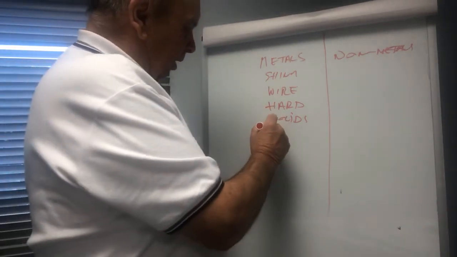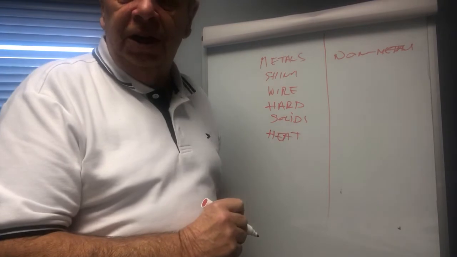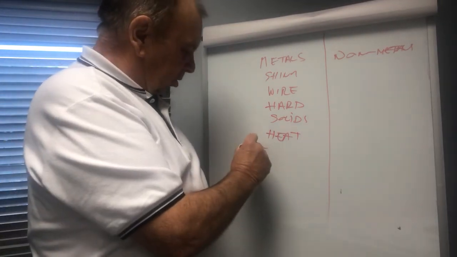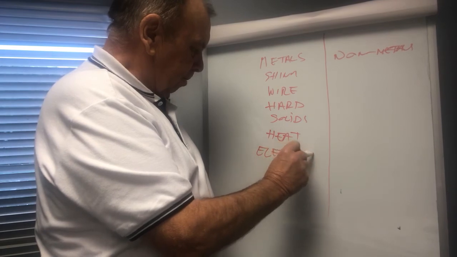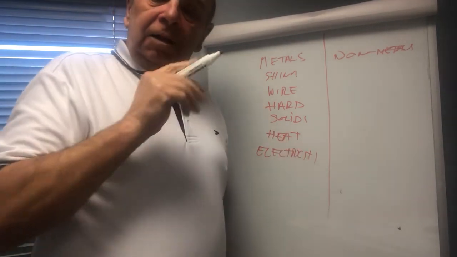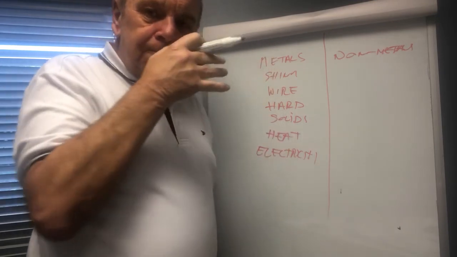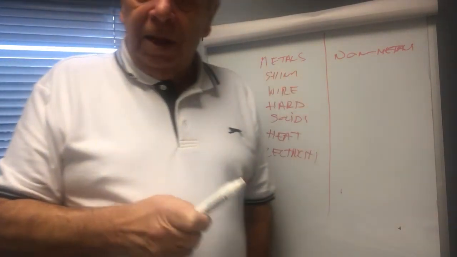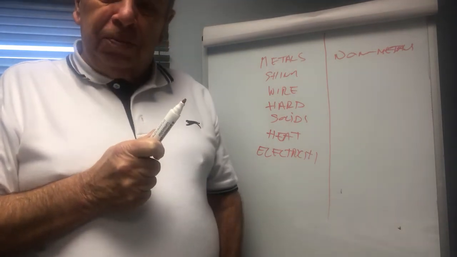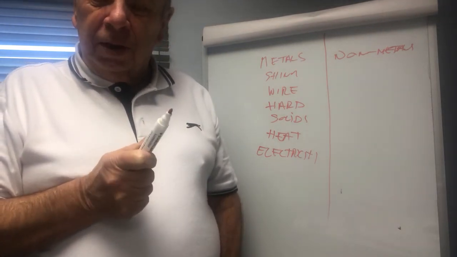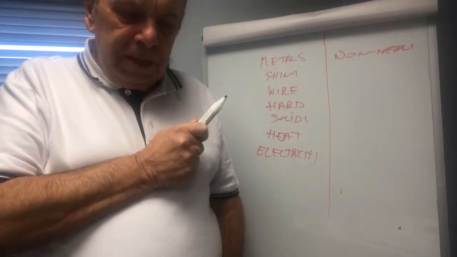They conduct heat, and if things conduct heat, they generally conduct electricity as well. All of the properties of those metals is due to their electronic structure, and it must be something to do with what they contain inside of them.